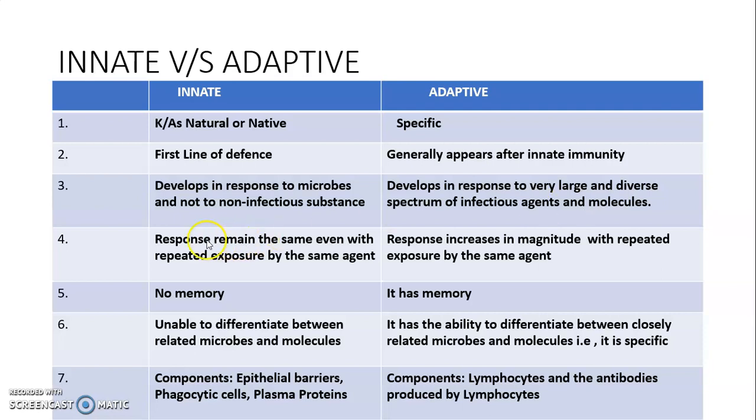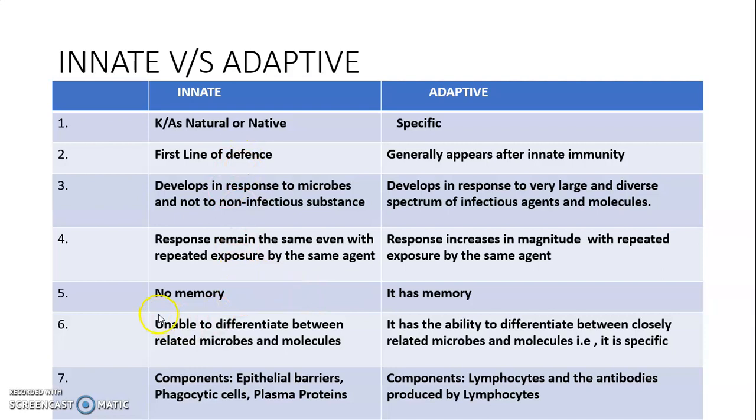In innate immunity, the response remains the same. It is very important. The response remains the same even with repeated exposure, while in adaptive immunity, we have already discussed in the previous slide that the response increases in magnitude with repeated exposure to the same agent.